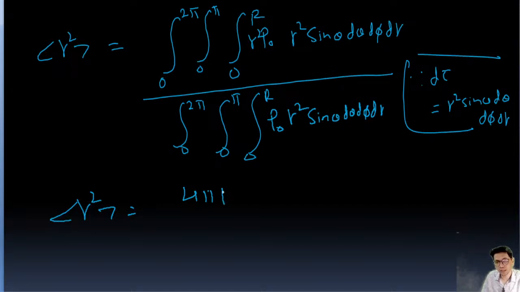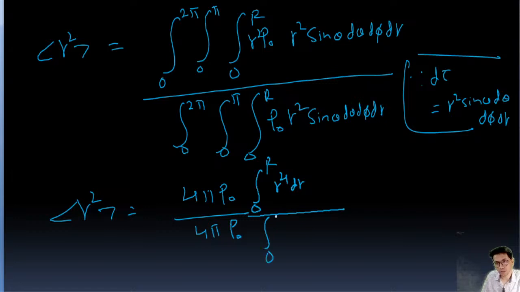So 4 pi rho naught upon 4 pi rho naught, simple calculation, this will get cancelled. And this value is going to be integration 0 to R of r to the power 4 dr upon integration 0 to R of r square dr. So the value of r square, mean square of radius, is going to be this one, right?